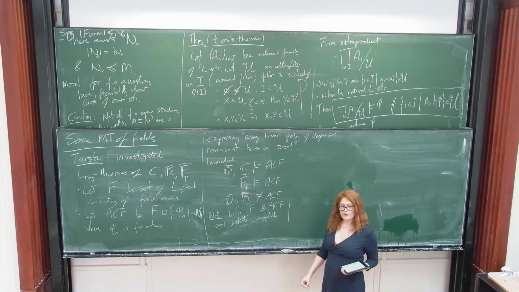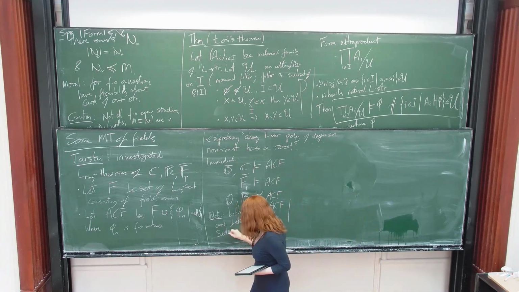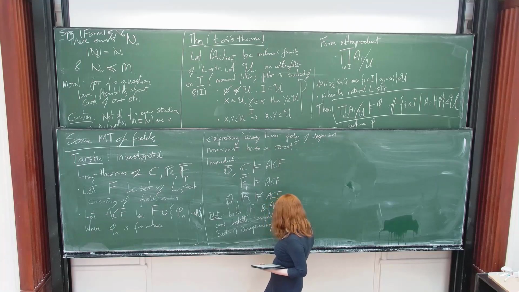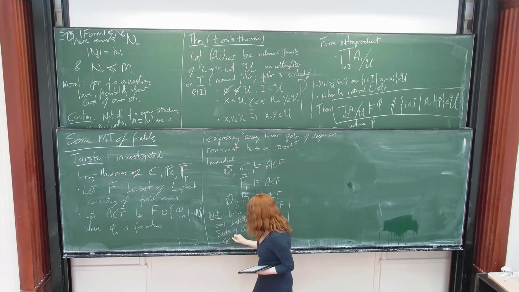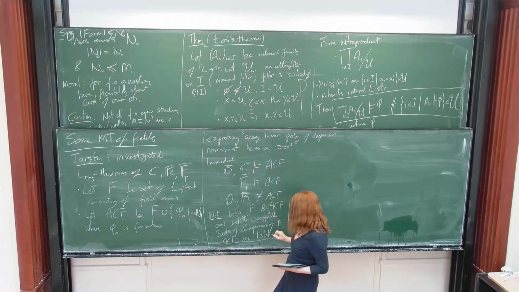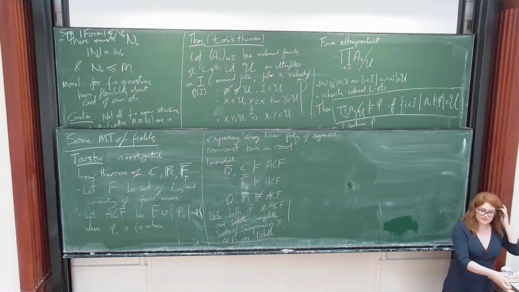And then it's true that the set of formal consequences of these theories, F and ACF, are then listable. That's the same sort of idea that Bjorn was just telling us about.